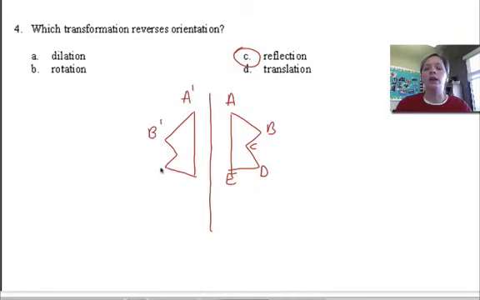Now I'm going counterclockwise to name the points A prime, B prime, C prime, D prime, and E prime. So here we're going clockwise. Here we're going counterclockwise to name the points in the same order. And reflection is the only one that reverses orientation. We talked about that a lot.